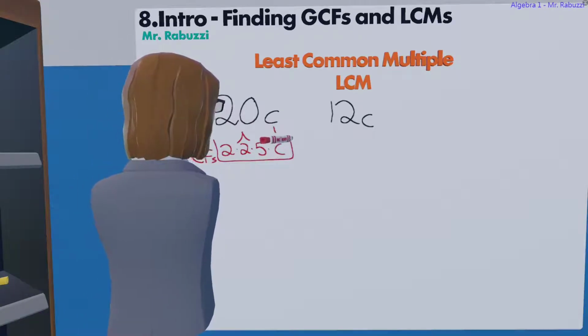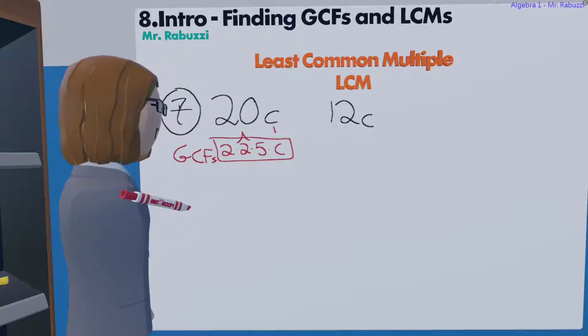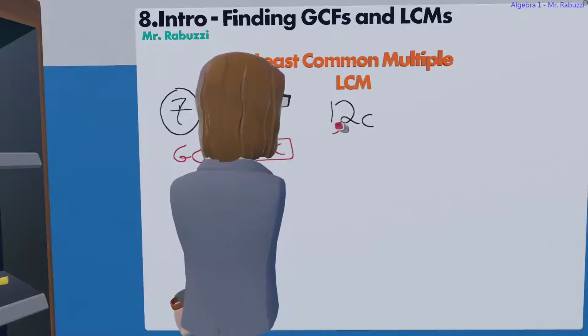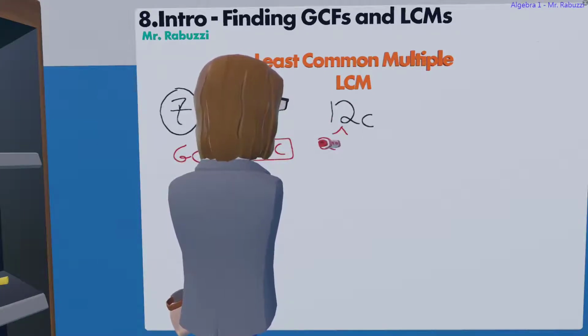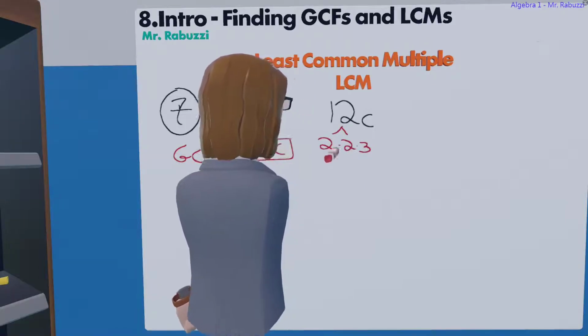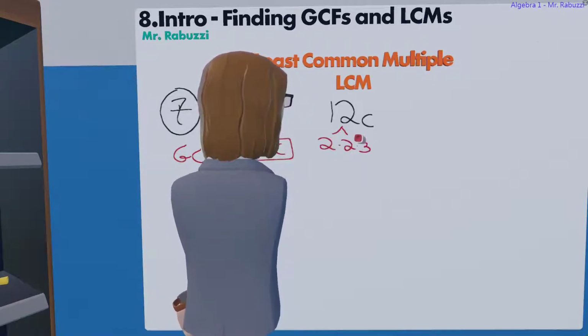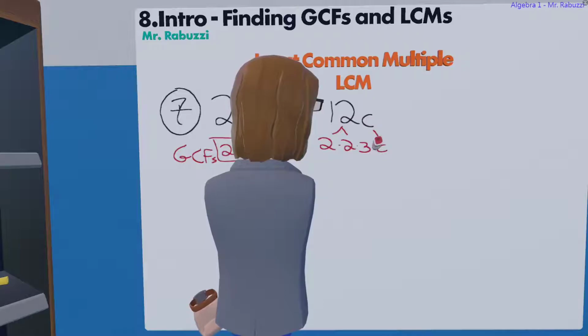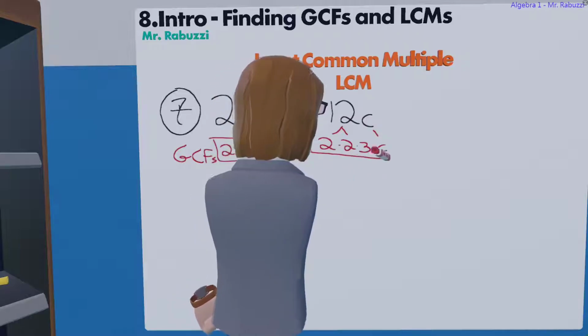So there's our one factorization. 12C, let's check it. I can split 12 into 2 times 2 times 3. 2 times 2 is 4. 4 times 3 is 12 again. And those are all prime. And the C can't factor. So there we are.